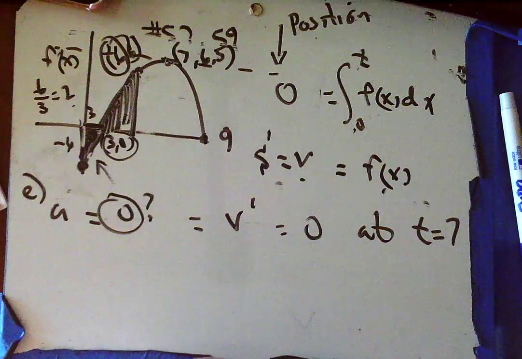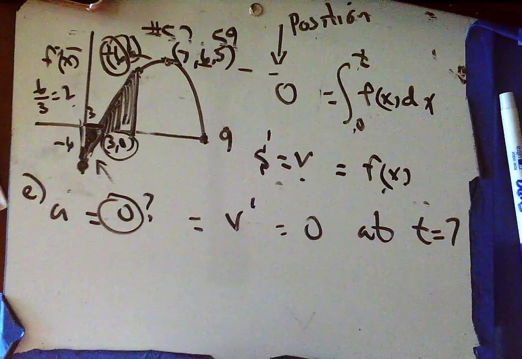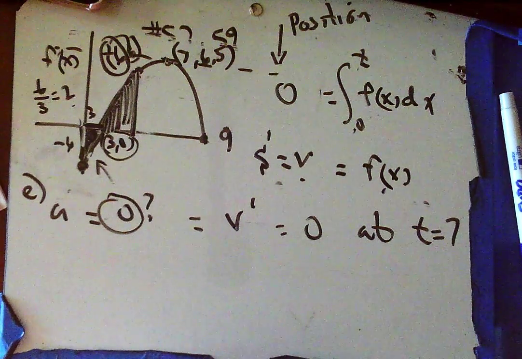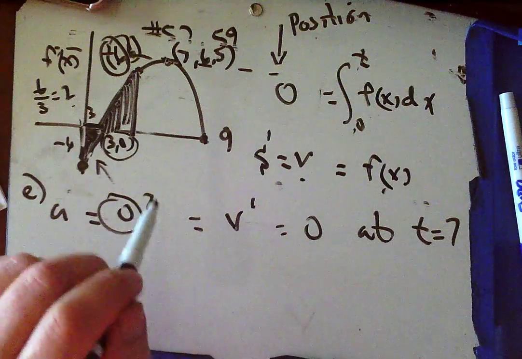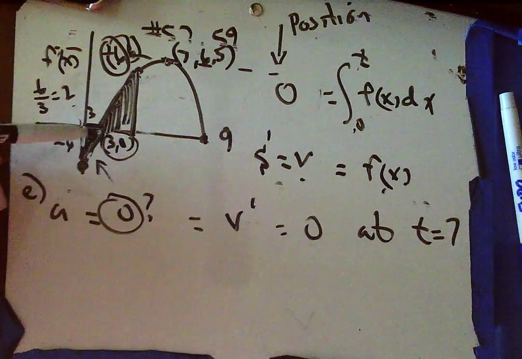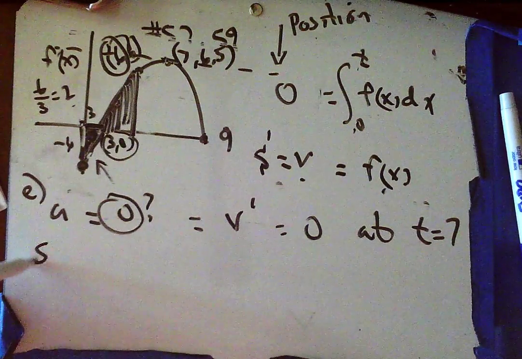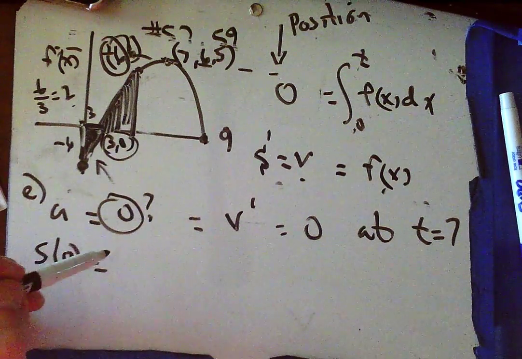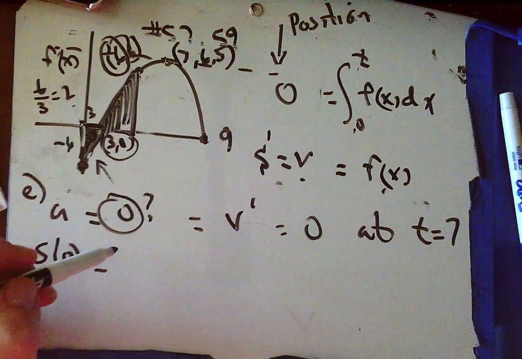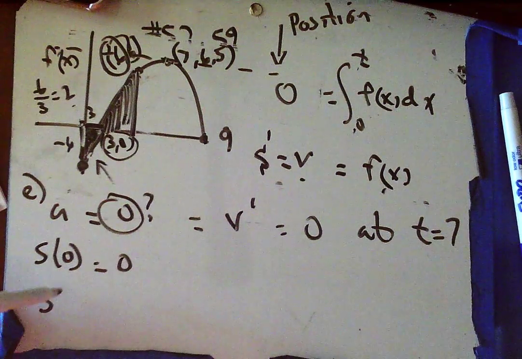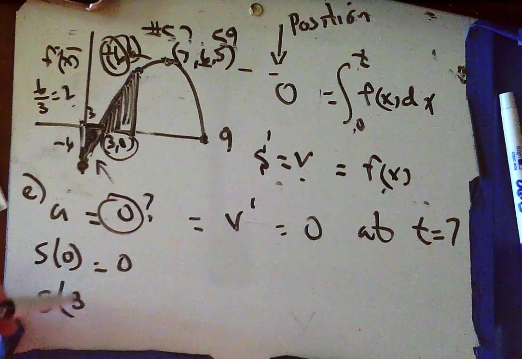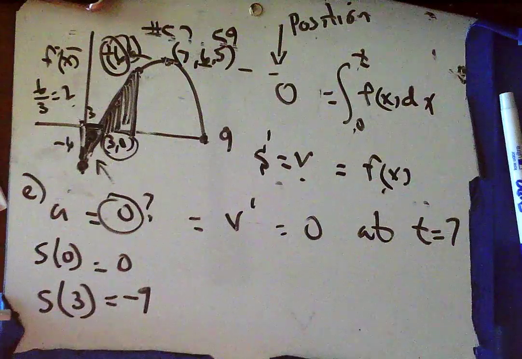Okay, when is the particle moving toward the origin or away from the origin? Well, let's think about this. So at time equal to 0, we found out that s of 0 was 0, and we found out that s of 3 was negative 9.